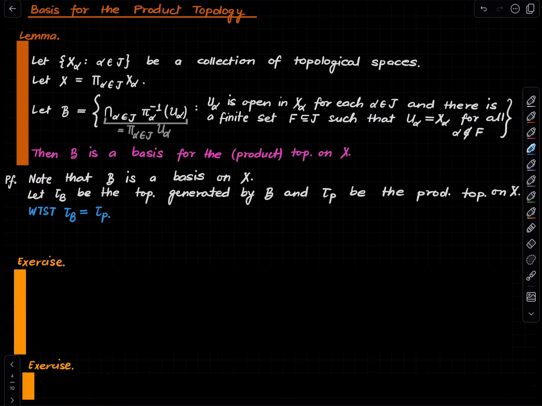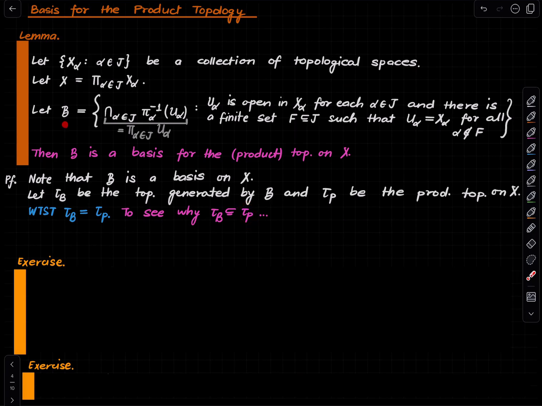Okay, both directions are easy, so let's verify to see why tau B is contained in tau P. Why is that? Well, each projection function is continuous under tau P. So what would you do if you want to prove this? You will pick some basis element and show that it is here, and that is sufficient. If every basis element is in tau P, the entire topology generated by the basis will be in tau P, something we have beaten over and over.